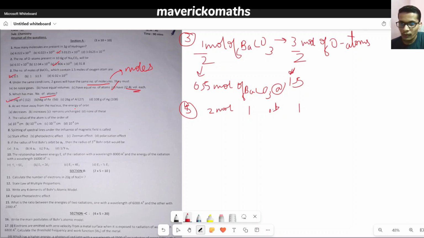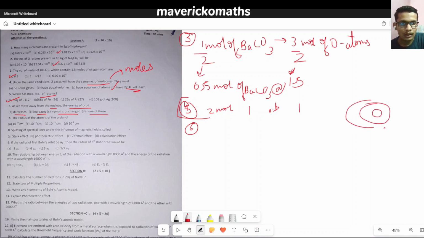Next, as we move away from the nucleus, does the energy of the orbit decrease, increase, remain unchanged, or none of these? This is a conceptual question. Look, this is the nucleus.